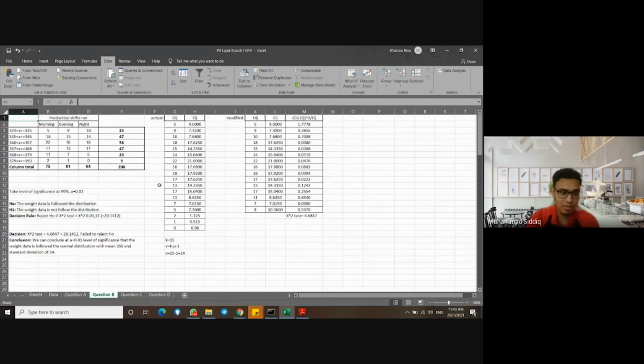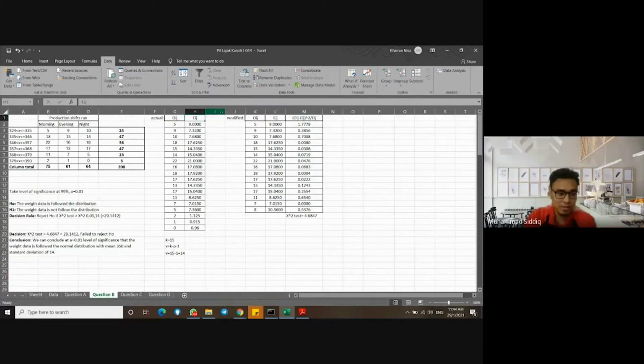First, we make the frequency table. From the data, we make a suitable range for the values to be in frequency form. In order to get the frequency of data within the range, we make the frequency table. After that, we make the table of OIJ and EIJ. OIJ is the frequency of every data, while EIJ is the expected value.